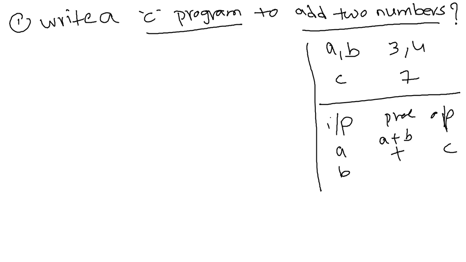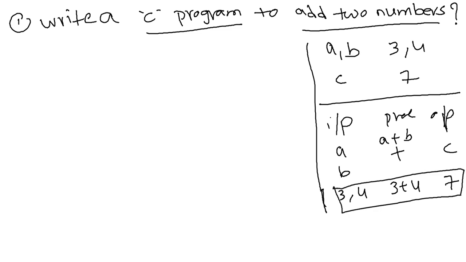So input will be 3 and 4, process will be 3 plus 4, output will be 7. So this is how we need to implement in a programming part.